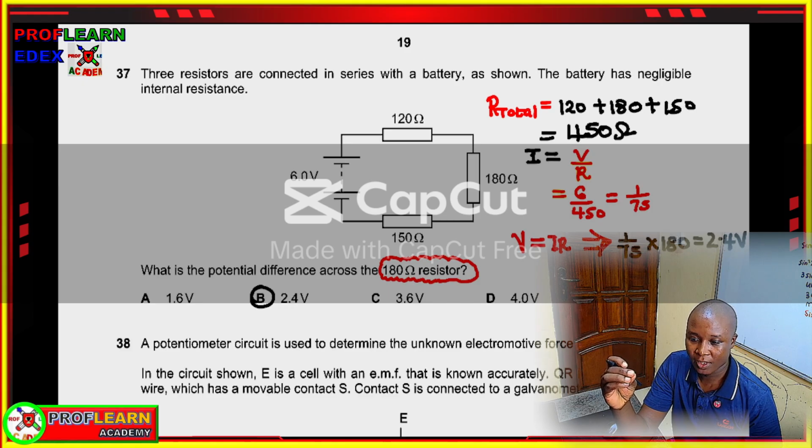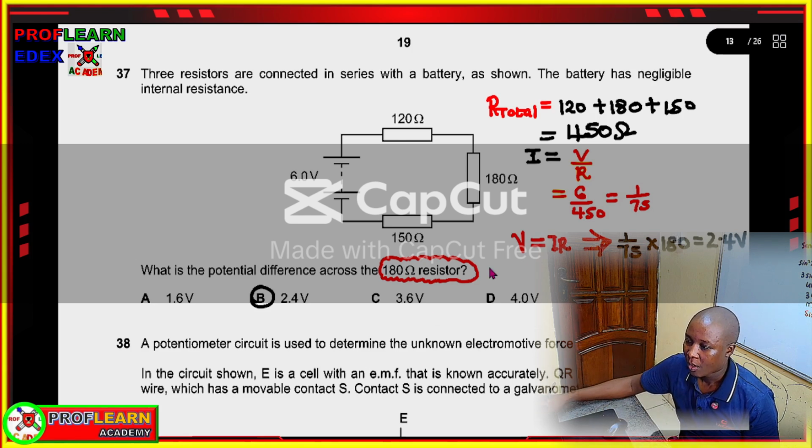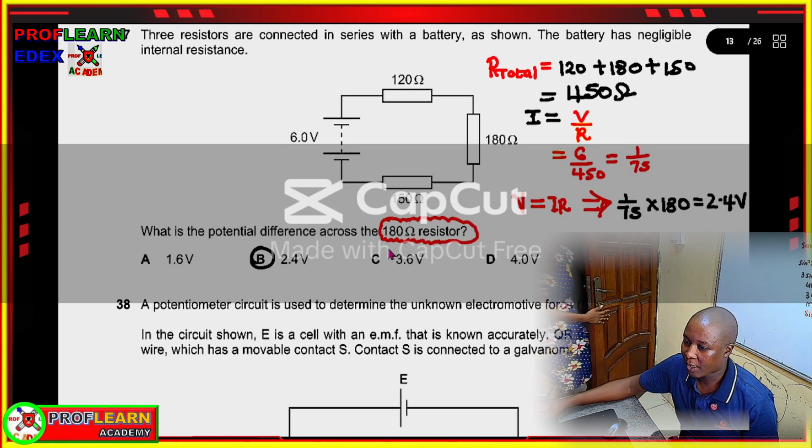So I'm going to say V is equal to IR, and this is going to be I, which is 1 over 75, times 180, because we are asked to state the PD across what? Across this 180 ohm resistor.